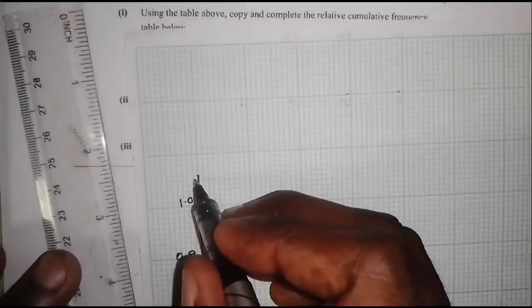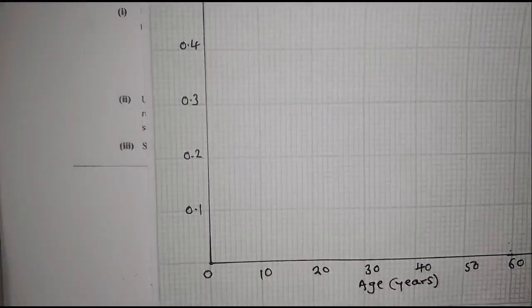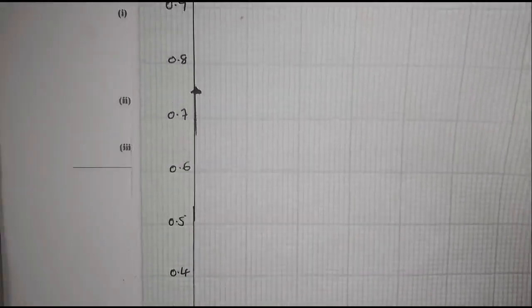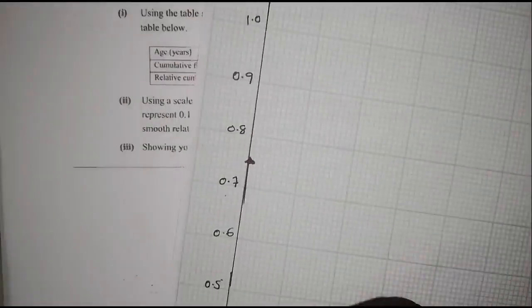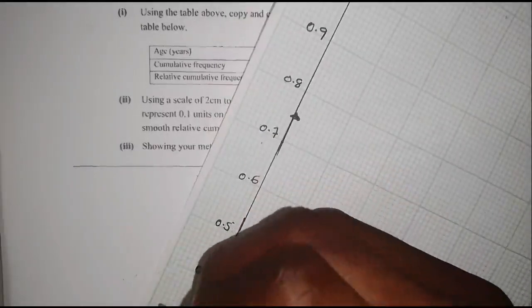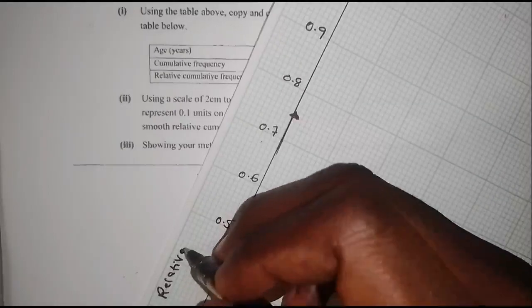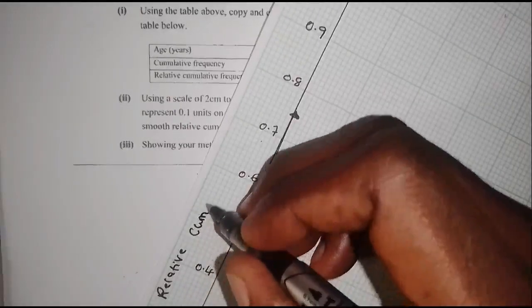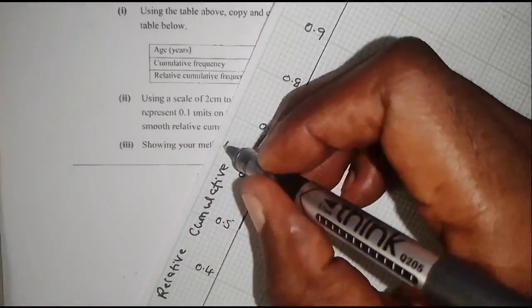Now on this part, this is the y-axis, so make sure you understand that. It goes from 0.1 all the way up to 1. On the y-axis, you write relative cumulative frequency.